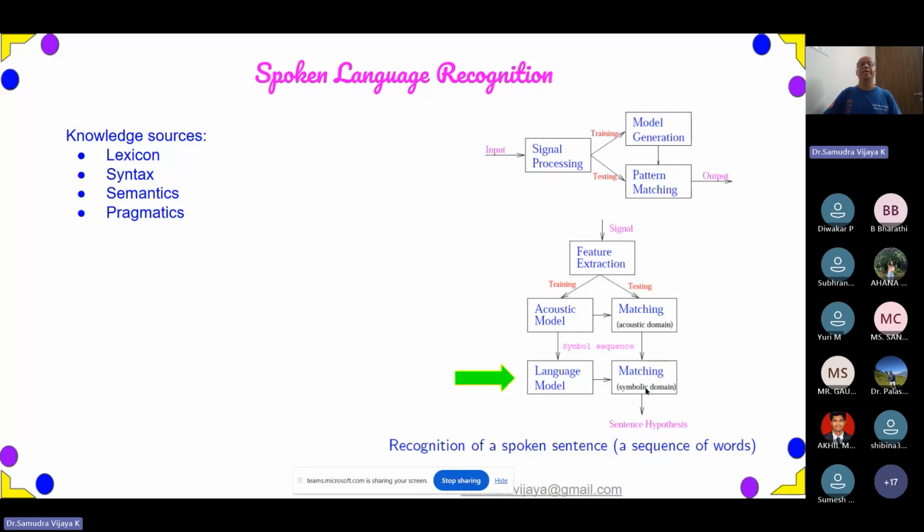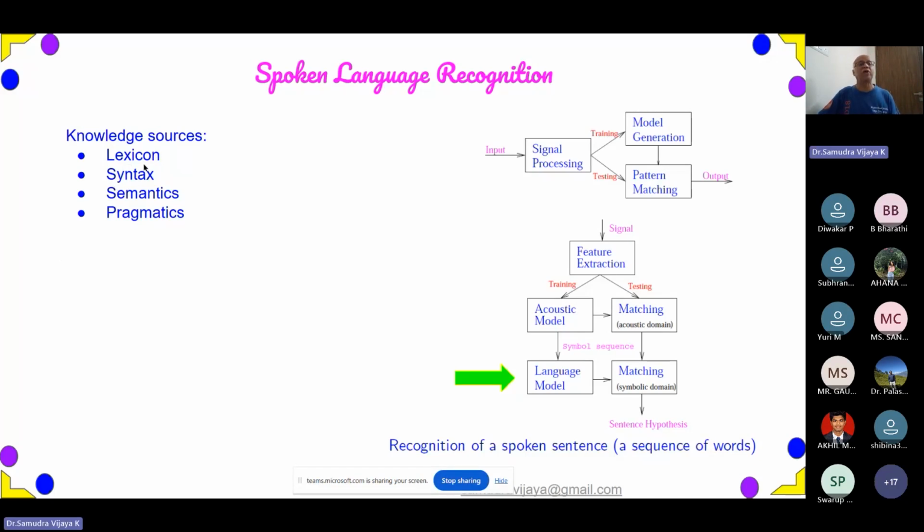We didn't talk about it, and that is also important in spoken language recognition. In the language model, various types of language knowledge are involved. For example, the word pal means moment in Hindi. Pal doesn't mean anything in English or Telugu, probably, I don't know. Which sequence of sounds makes a word in a language is described by the lexicon.